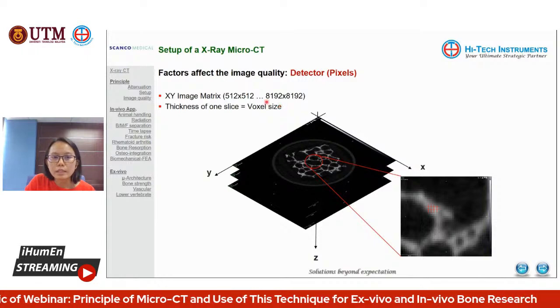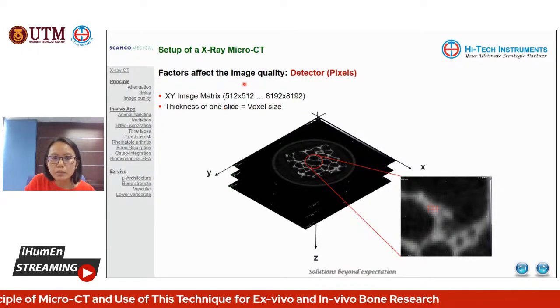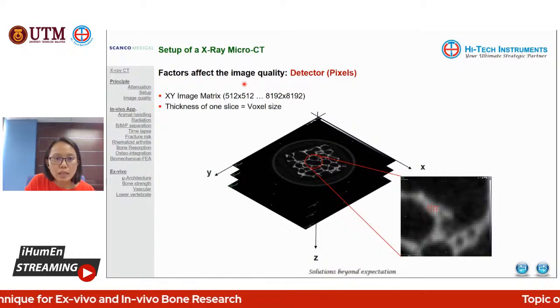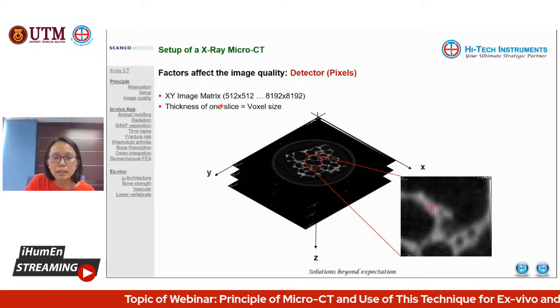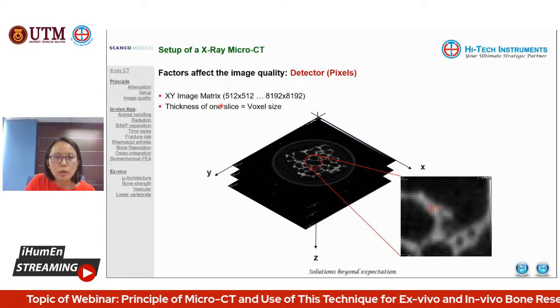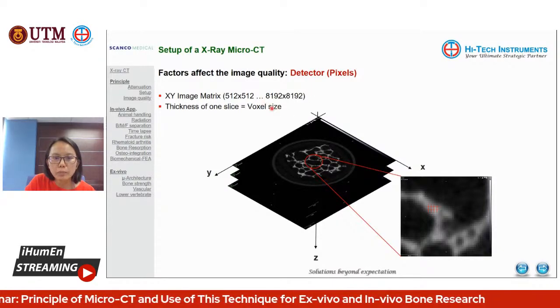Of course, the one with the lower image matrix will have a smaller data file size compared to 8K by 8K. And again, the scanning time taken for 512 will definitely be lower compared to the scanning time to obtain this 8K by 8K image matrix.